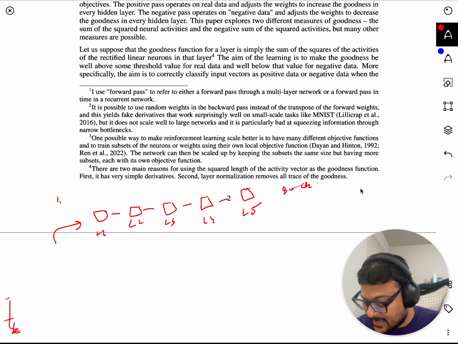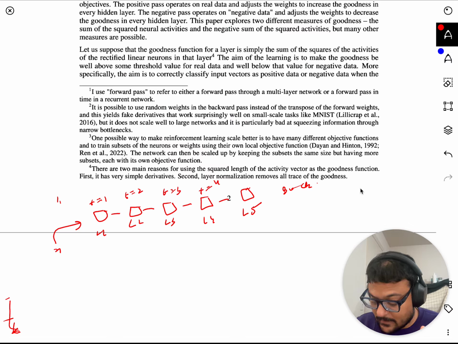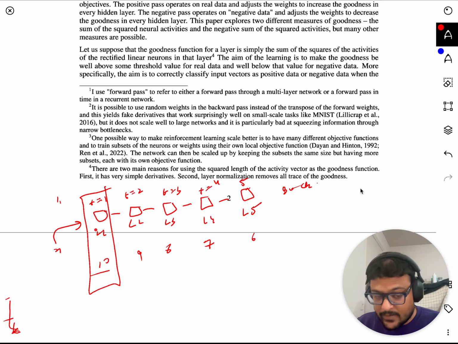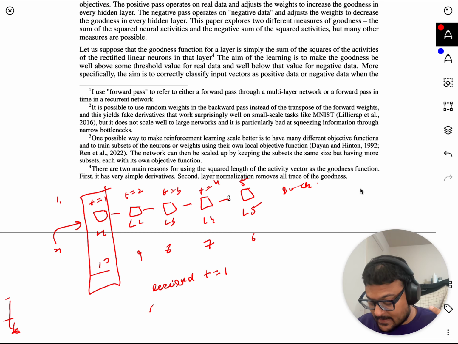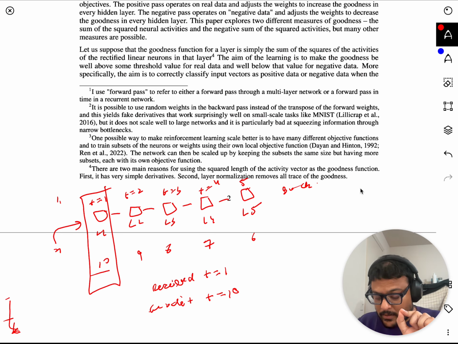When you send your data as input, you will have time step 1 when it passes through layer 1, time step 2, time step 3, time step 4, time step 5, and then the data will come back, 6, 7, 8, 9, 10. So layer 1 will receive the gradients back at time step 10. Layer 1 received the data at time step 1, but it received the gradients at time step 10. So it was only able to update itself at the 10th time step, and between time steps 2 to 10, it was not doing anything.